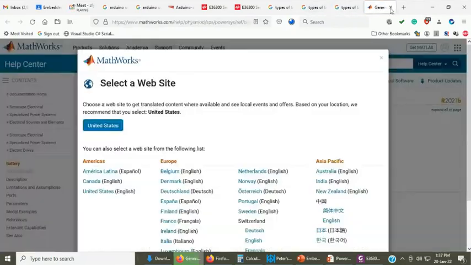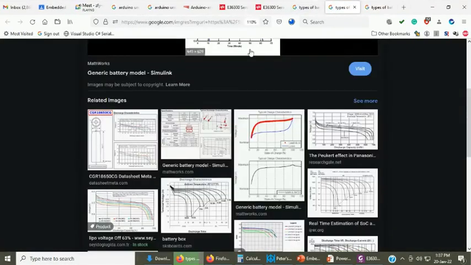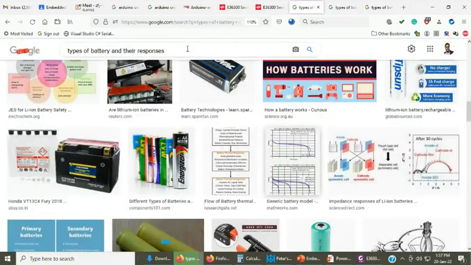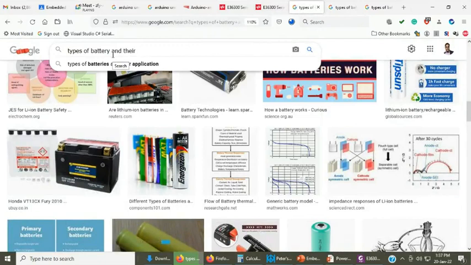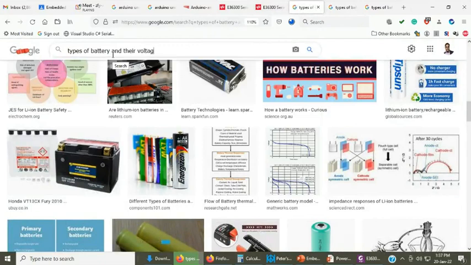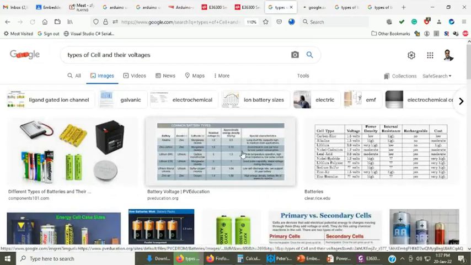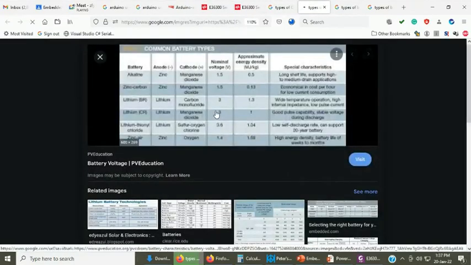What are the basic voltages of different types of batteries, types of cells and their voltages? Battery is a common word anyway. See here, this kind of table, go through them.